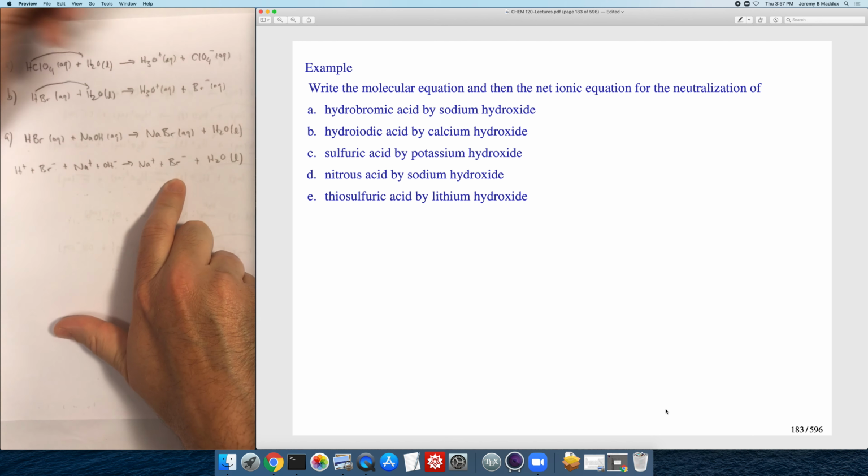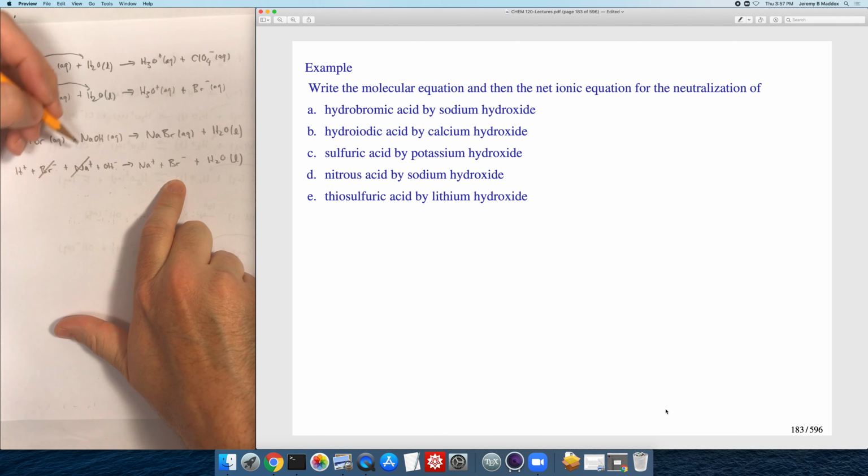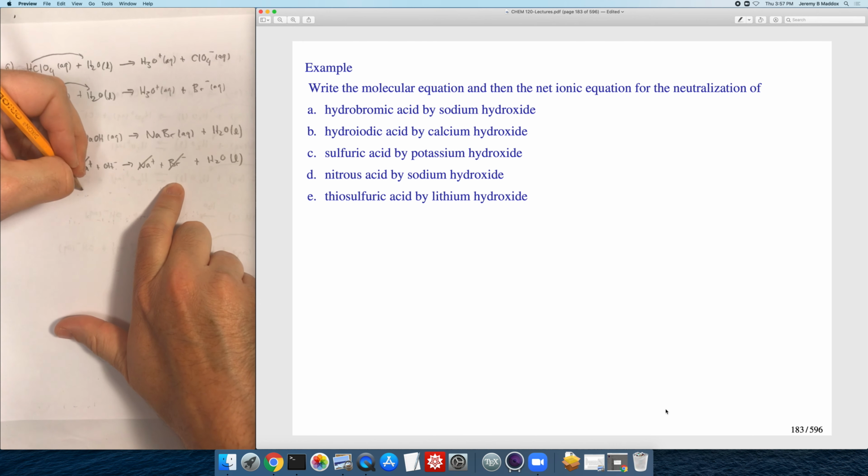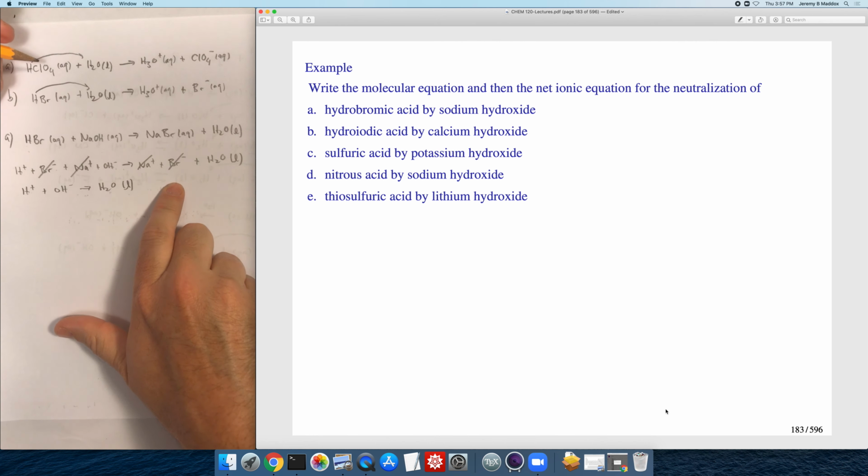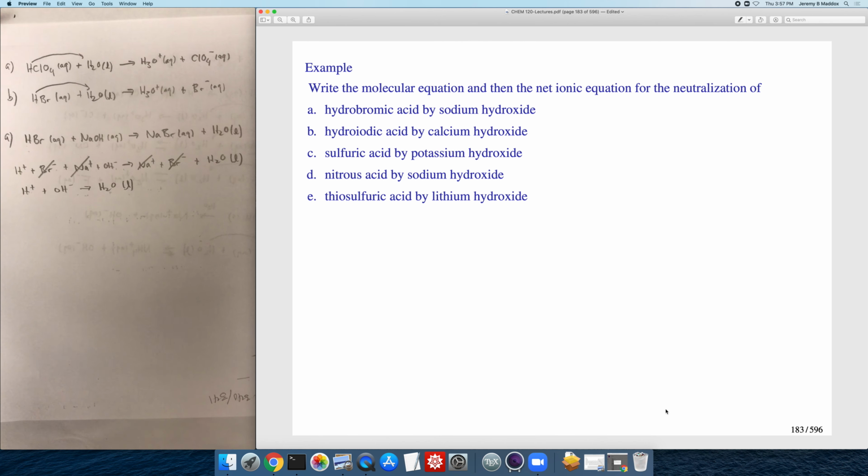We leave it alone. Cancel out your spectator ions, the bromide and the sodium. That gives us H plus OH minus produces liquid water. And so the net ionic reaction here for this strong acid, strong base is just the production of water. In fact, that is true of every strong acid, strong base.